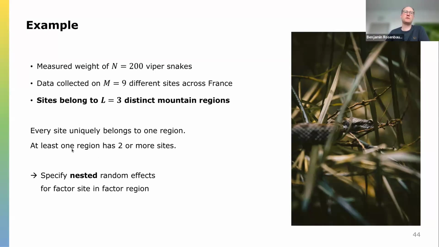And also at least one of the regions must have 2 or more sites. Otherwise, site would be the same as region, so we couldn't distinguish them. So we have this hierarchy, right? Here, very, very classical different levels of spatial aggregation. So we can say there's a nesting of the factor site and the factor region.